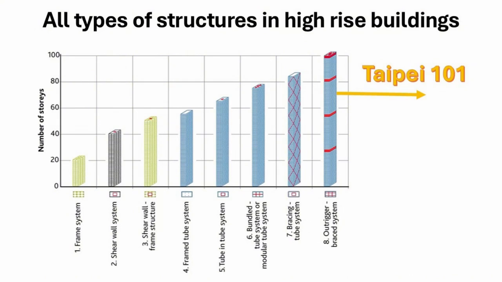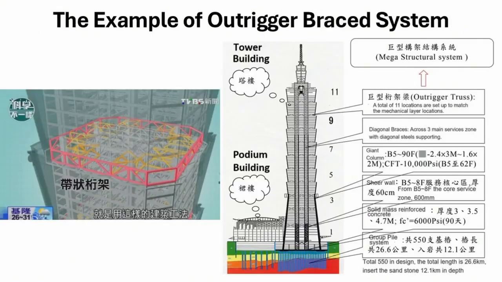And if you want to build a more challenging high-rise building, let's say over 100 stories, the architect and the building team might choose the outrigger brace system, which consists of an outrigger structure every 10 to 15 floors to support. The most famous example of the outrigger brace system is Taipei 101. They consist of 11 floors, and they create X-shaped braces to resist the stronger wind and seismic forces.